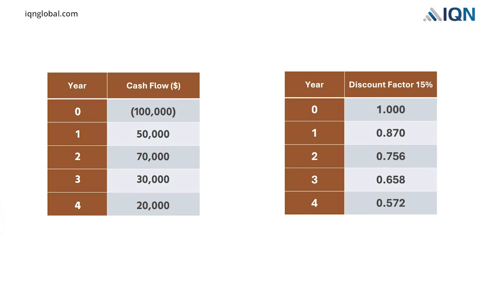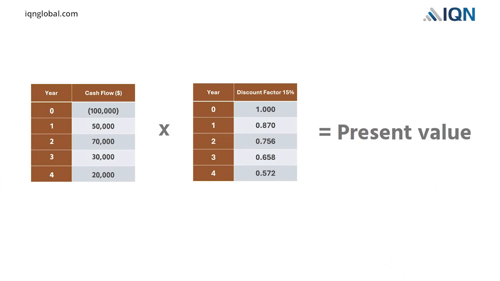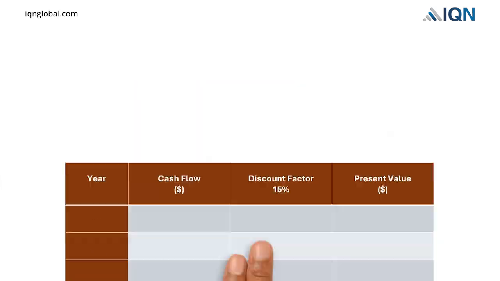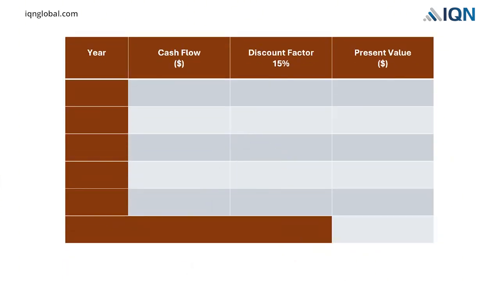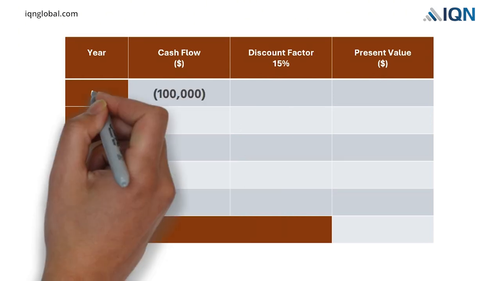These discount factors will be relevant. They have been taken from the discount factor table. We need to multiply the project's cash flows by their respective discount factors. This will give us the present value of all cash flows from the project. We create a table with relevant headings and insert data accordingly. Please note that any cash flows that occur now at the start of a project occur in year 0.